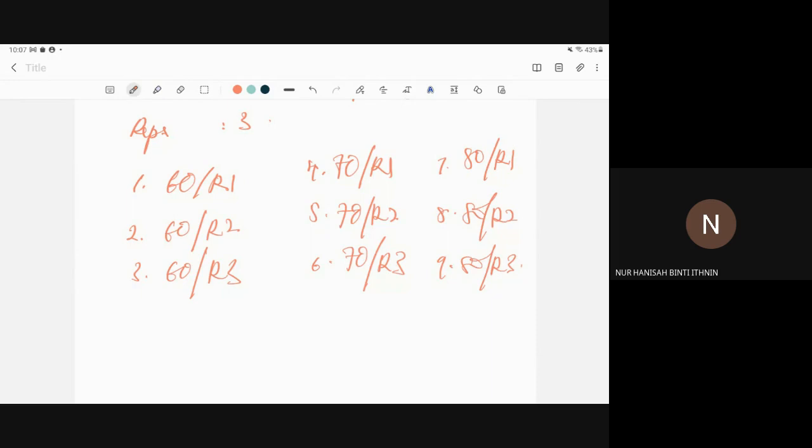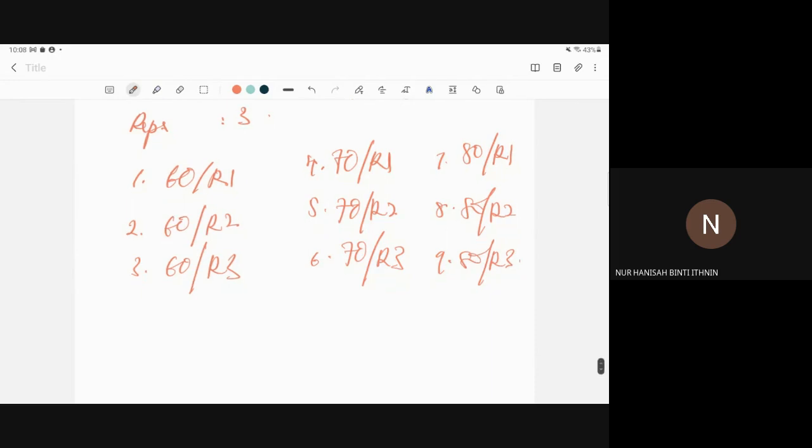If we want to do this according to a completely randomized design, completely randomized meaning that the randomization is between all samples, regardless of the treatment and regardless of the replication.